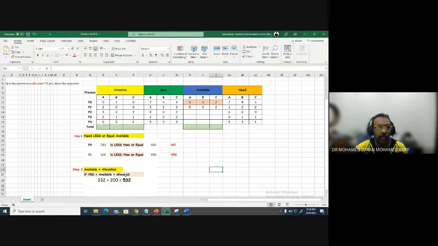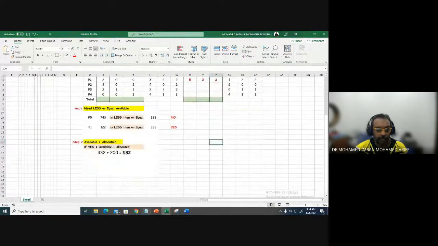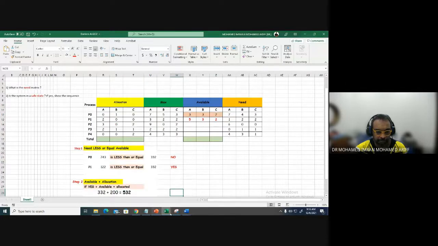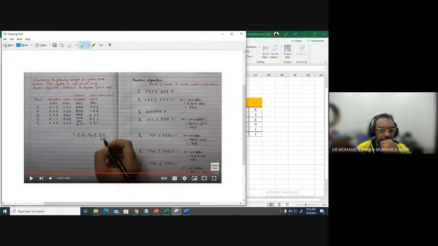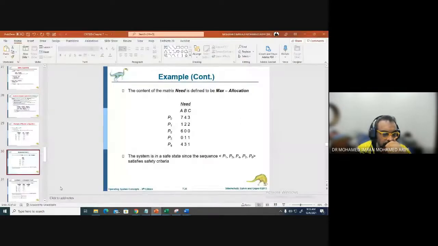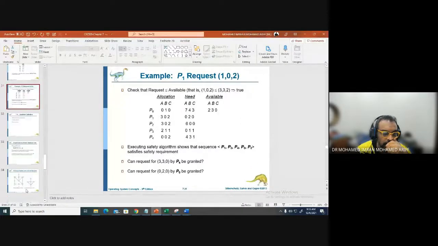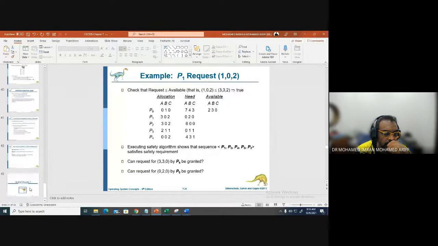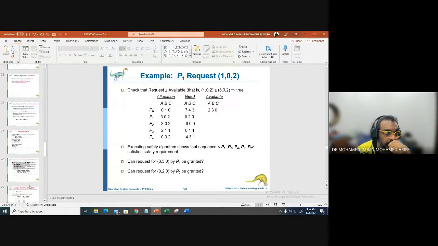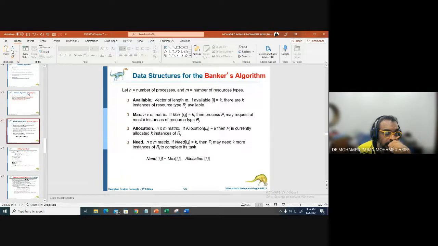Okay, so this is an example of a Banker's algorithm. Okay, ini saya buat. Mana soalan dia? Where is the question? Okay.